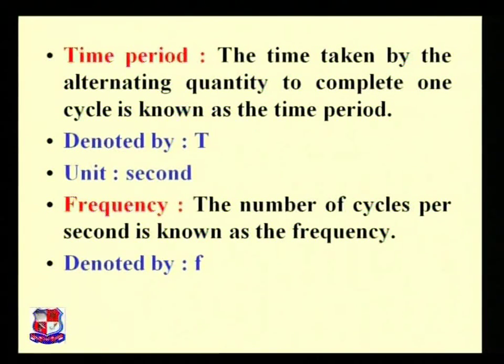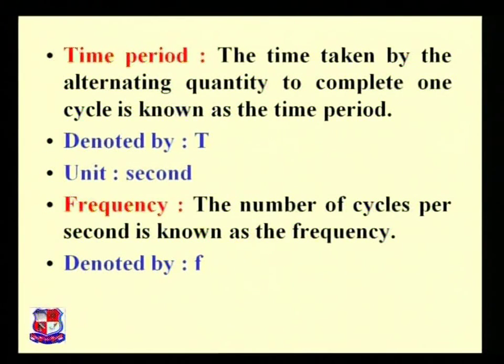Third important definition is frequency. It is important. The number of cycles per second is known as the frequency. In 1 second, how many cycles of the alternating quantity pass, that is called frequency.